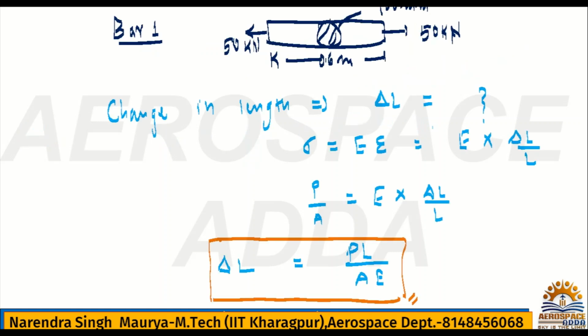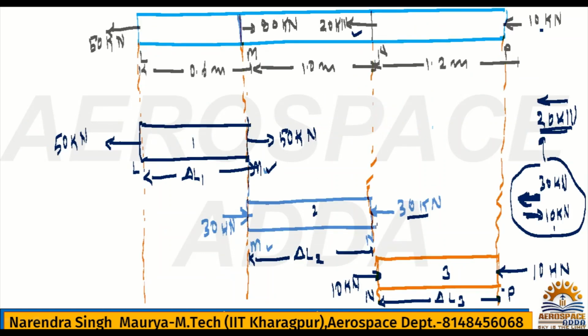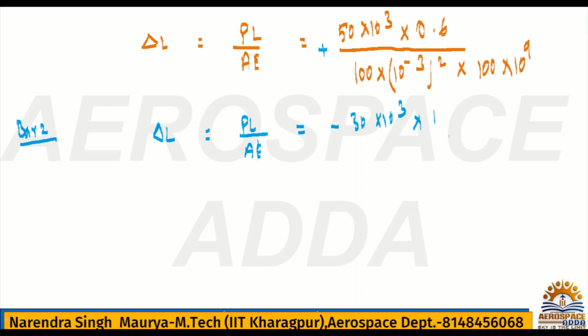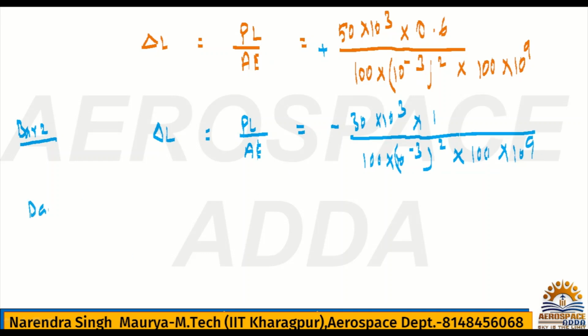Into L, the original length for this bar, is 1 meter, divided by the area, 100 into 10 to power minus 3 square, into 100 into 10 to power 9. Why negative? Because it is a compressive load.